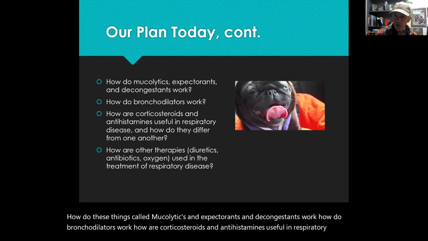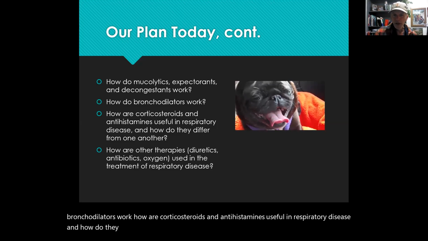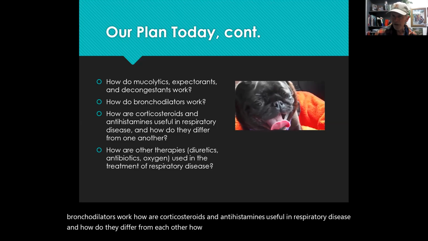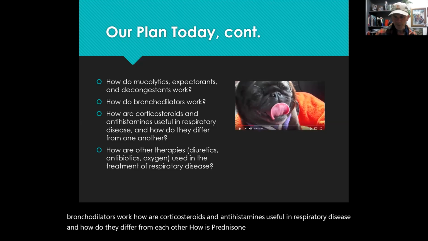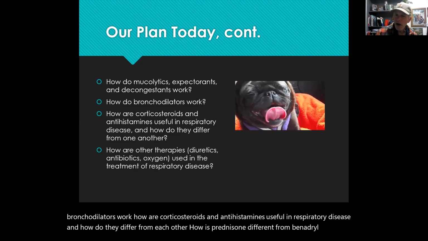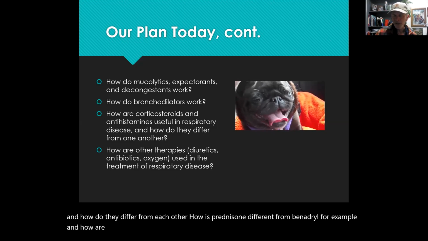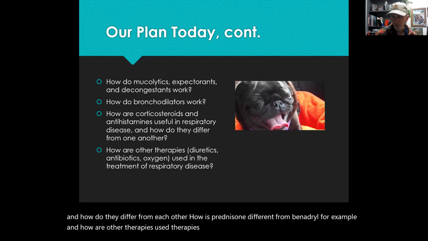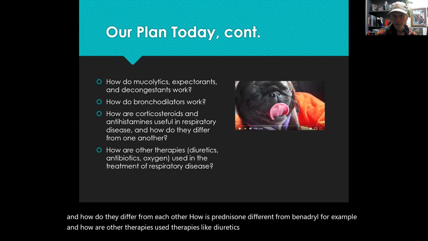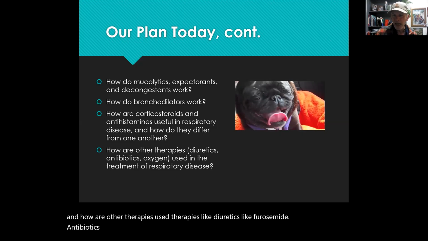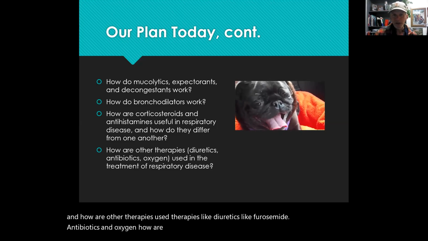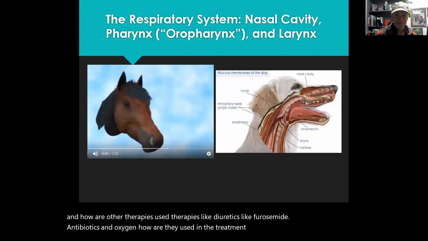And how do they differ from each other? How is prednisone different from Benadryl, for example? And how are other therapies used? Therapies like diuretics, like furosemide, antibiotics, and oxygen. How are they used in the treatment of respiratory disease?